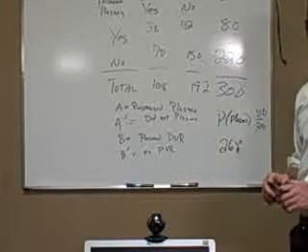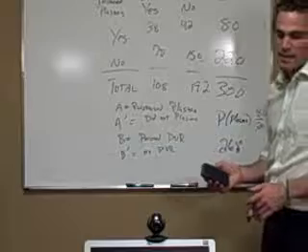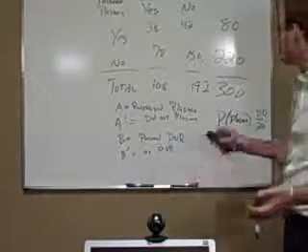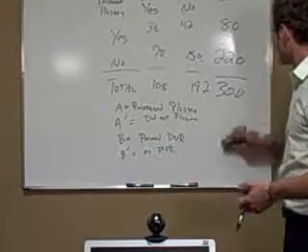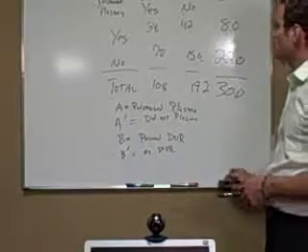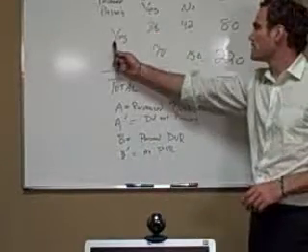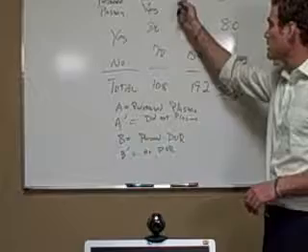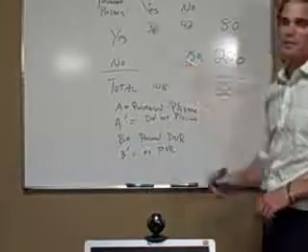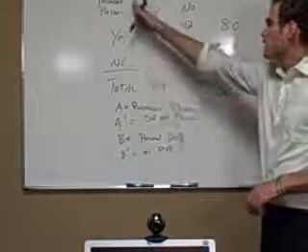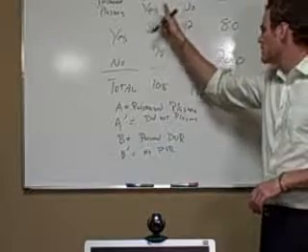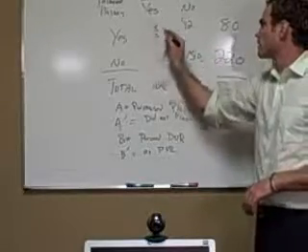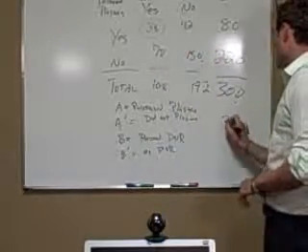If you want to look at the joint probability, did someone purchase a plasma? Yes, they purchased a plasma, and yes, they purchased a DVR. You're looking at this number, 38 out of 300.